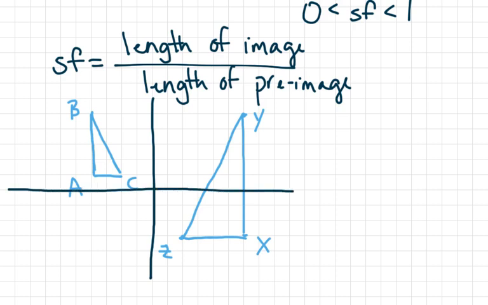I have to come up with a series of transformations that maps ABC onto XYZ. So the first thing I'm going to do is dilate ABC so it's the same size as XYZ. So dilate first, and to dilate I need to know the scale factor.